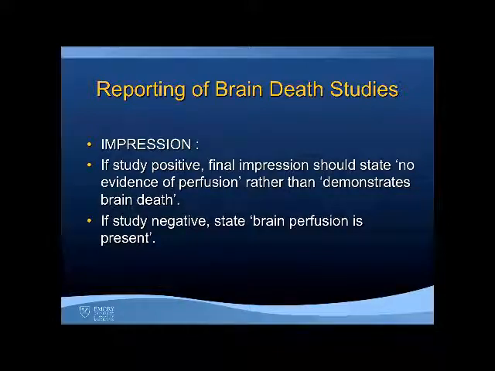If a study is positive, if we don't see any flow or any uptake within the brain parenchyma, instead of saying that there is brain death, we would say that there is no evidence of perfusion. And if you see flow, you would say brain perfusion is present.